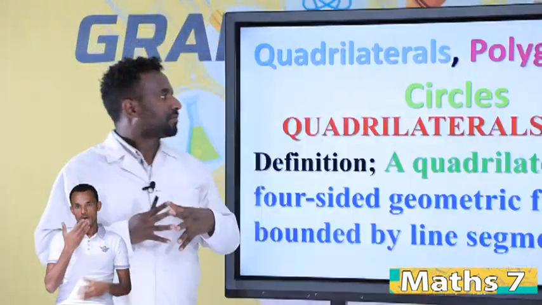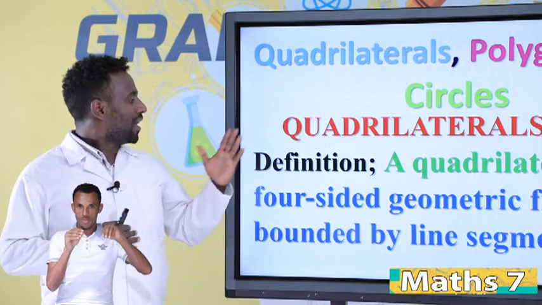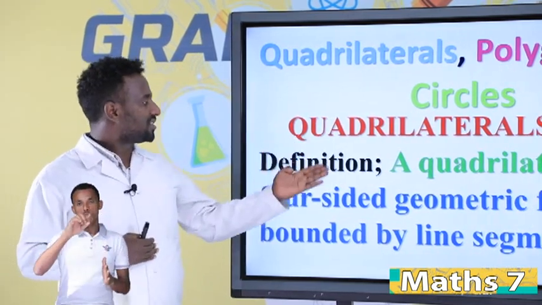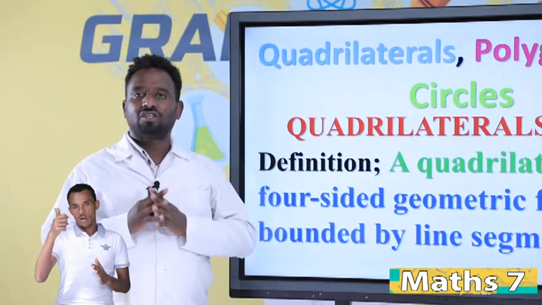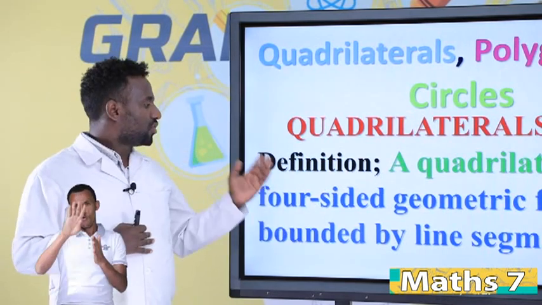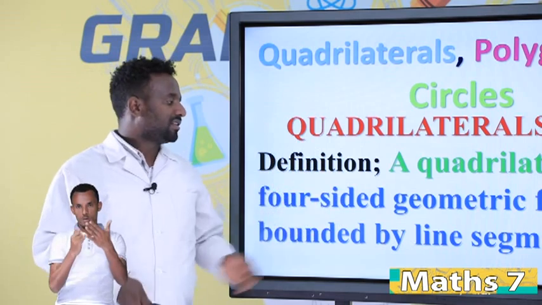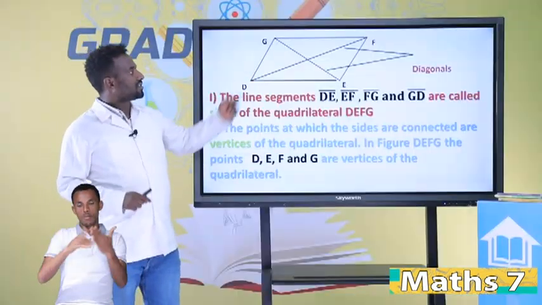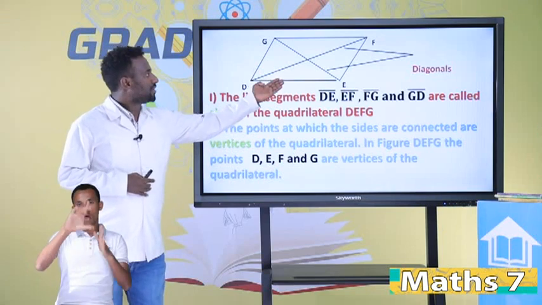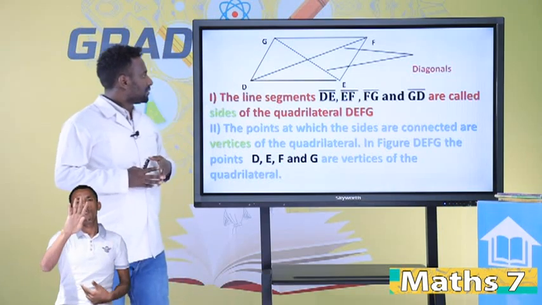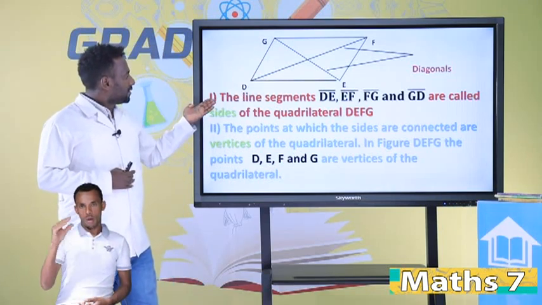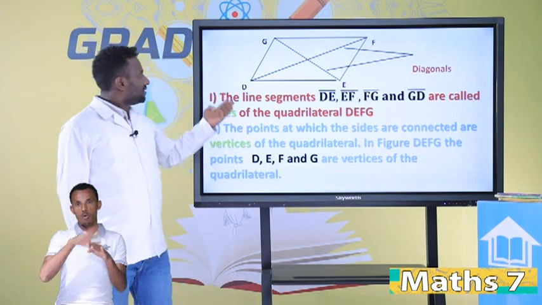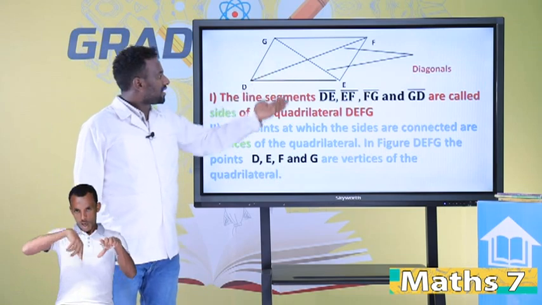Good. Students, what does it mean, quadrilaterals? A quadrilateral is a four-sided geometric figure bounded or enclosed by line segments.